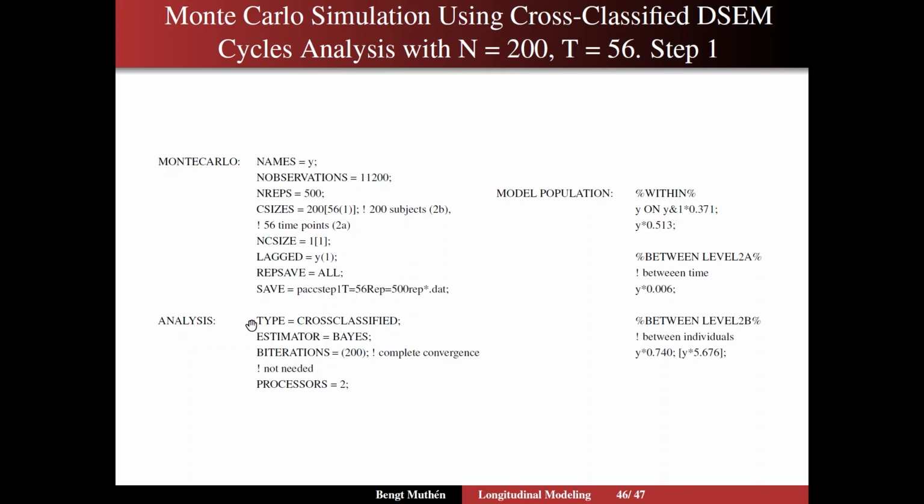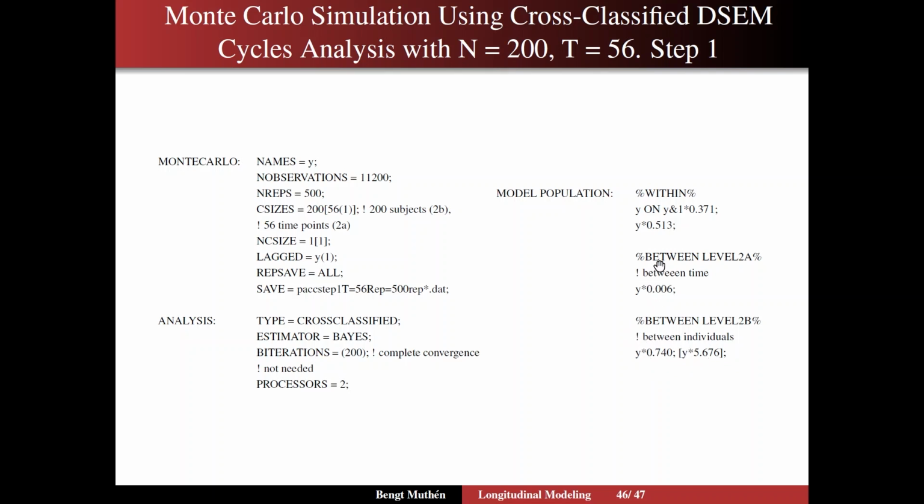And we do cross-classified analysis, and this is the same as before. And we do a regression here, y on y&1 on the within level, and on the between level we have the 2a, that's between time, so that's giving that variance here, and between 2b is between individuals.